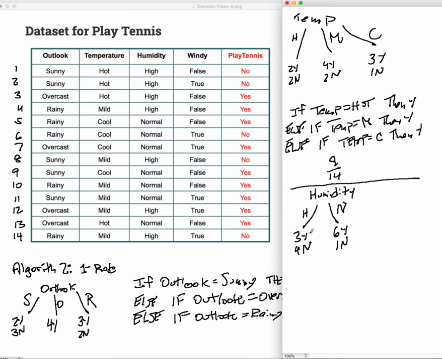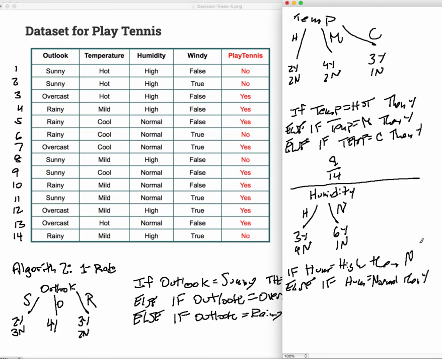So my rule here would be: if humidity equals high, I pick the bigger one, then no, else if humidity equals normal, then yes.